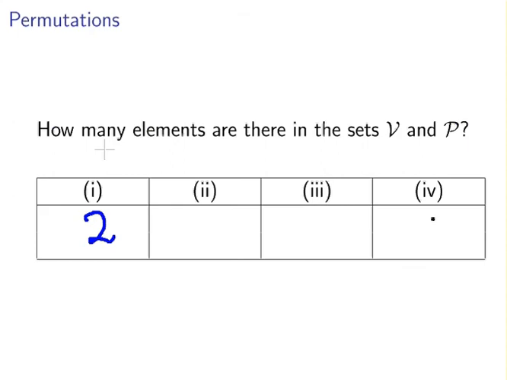But automatically we are bound to pick one of those 2 letters, A and E, one of those 2 vowels, for the last selection. We can pick any of the 5 letters for the second selection, but we must use that selection again. We have no other options. So there's only one option for the third selection. So there are 10 elements that are in both sets V and P.